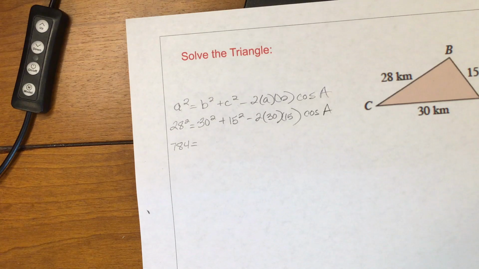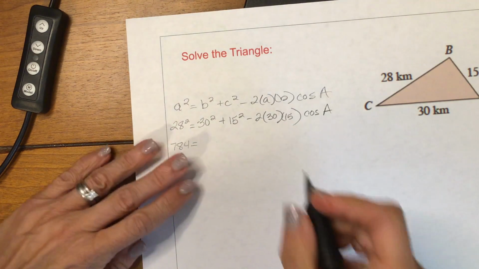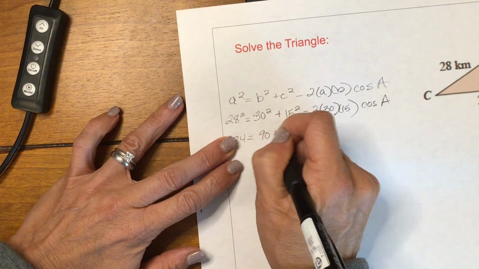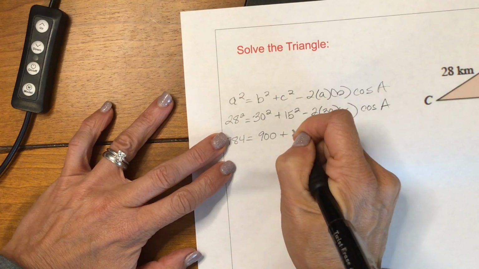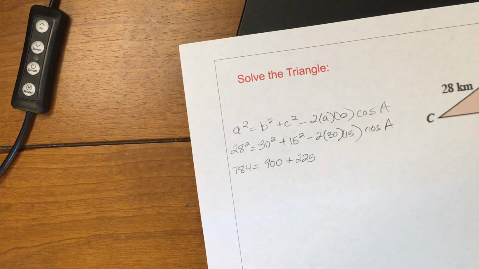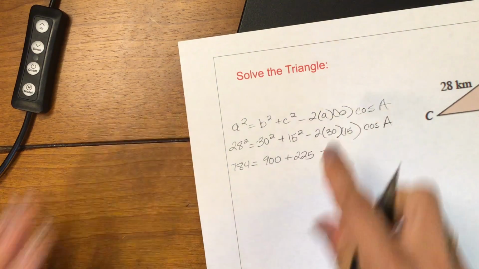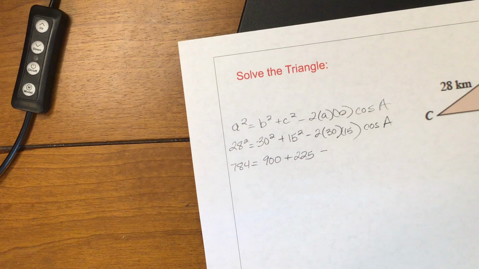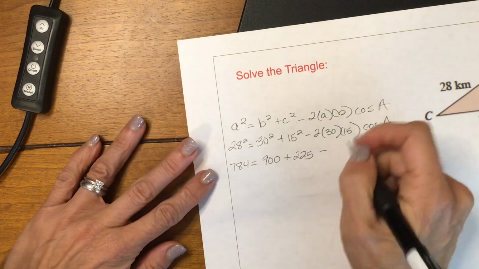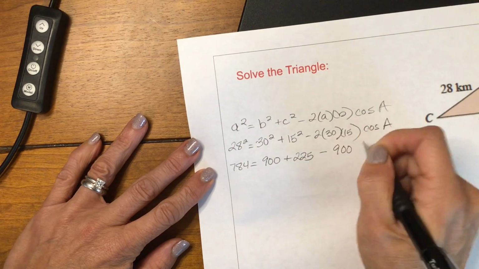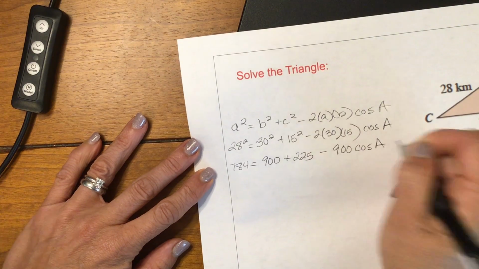Then 30 squared is 900. 15 squared is 225. And then minus 2 times 30 is 60 times 15 is minus 900 cosine A.